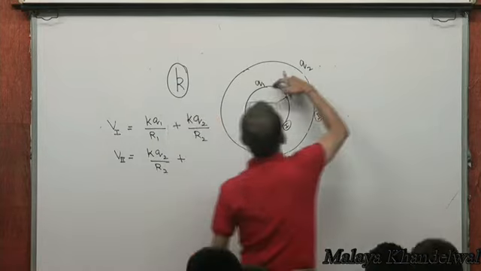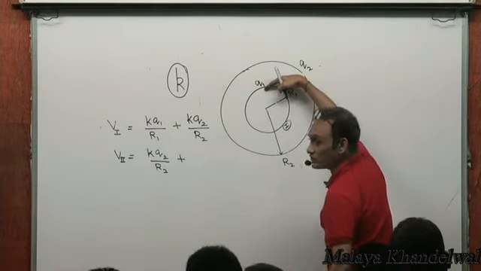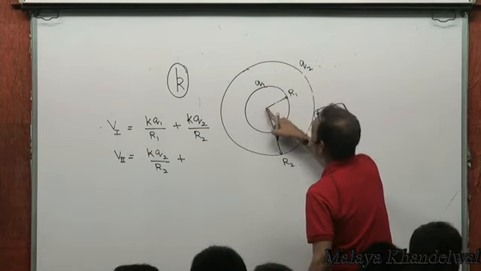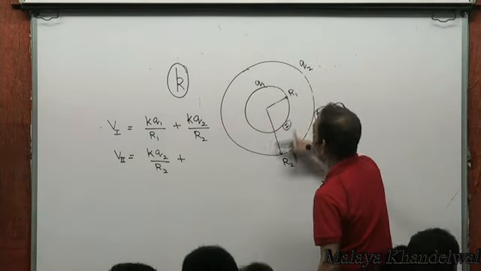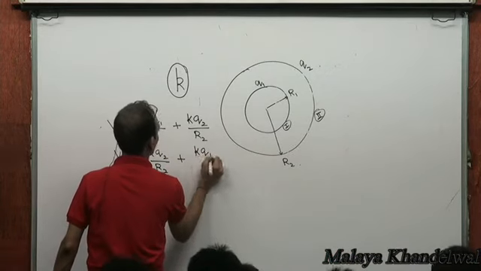Plus, now as far as the potential on this is concerned, because of this, I can imagine q1 to be concentrated at the center. So that's going to be kq1 by r2.